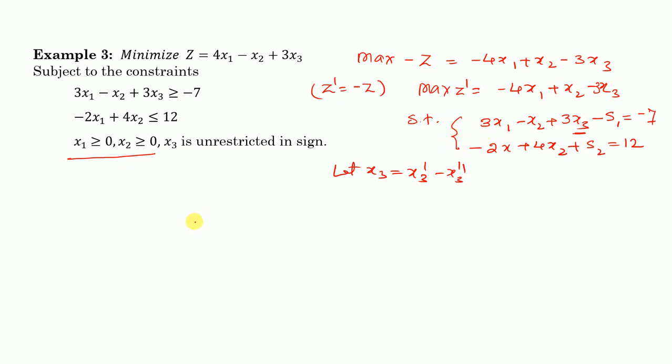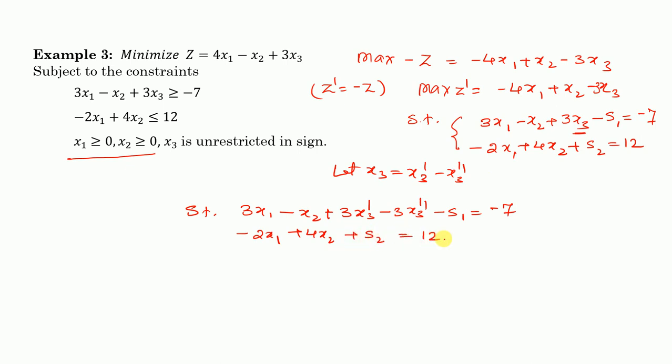So we can further write subject to the first one will be 3x1 minus x2 plus 3x3 dash minus 3x3 double dash minus s1, this equal to minus 7. Second, this one is minus 2x1 plus 4x2, here x3 is not given, so you will write plus s2, this equal to 12.